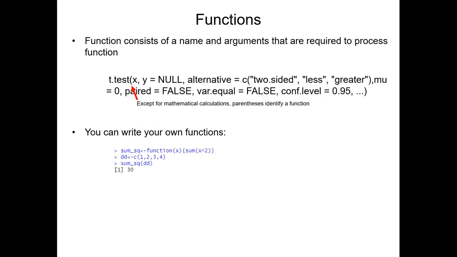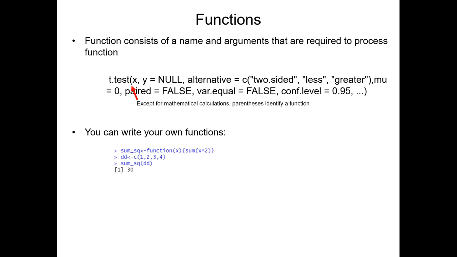And one of the last objects, as we mentioned, are functions. Usually a function is basically a name with parentheses following it, and within those parentheses are a bunch of arguments that you can use for changing certain parameters within the function.